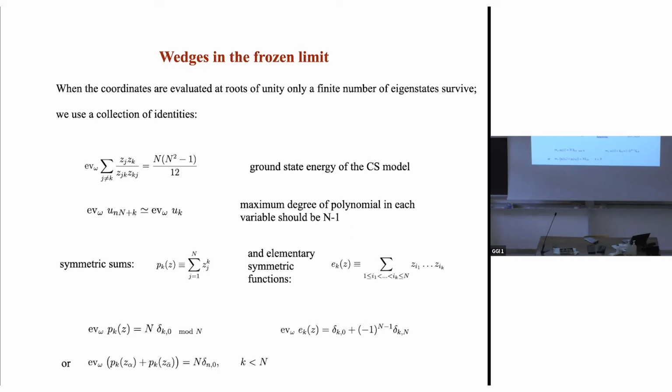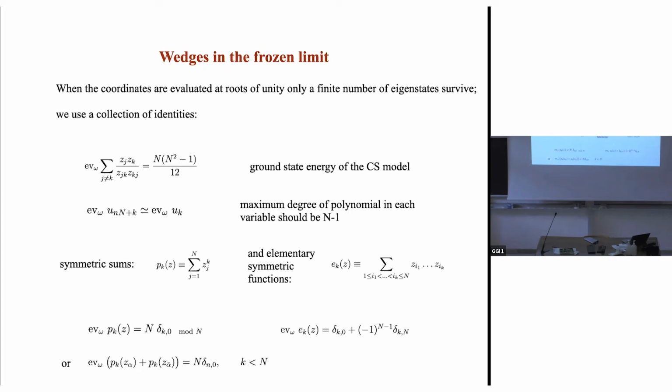And what happens to the symmetric polynomials is the following. The symmetric polynomials can be written in terms of symmetric sums. And we see that when we send z's to roots of unity and we sum over, most of the symmetric sums vanish, except for k equals 0 modulo n.